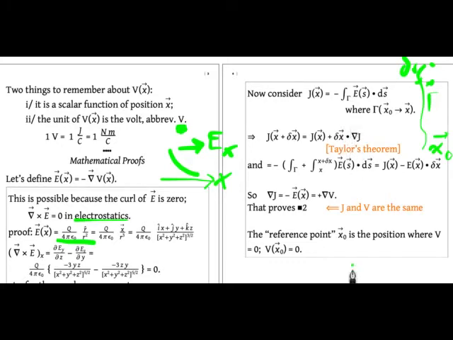It's just like f at x plus epsilon, where epsilon is infinitesimal, is f of x plus epsilon df dx. So j of x plus delta x is j of x plus delta x times the derivative of j. Of course, j is a function of 3 variables, so it has to be the gradient of j. All right, so that's one way to write j of x plus delta x.